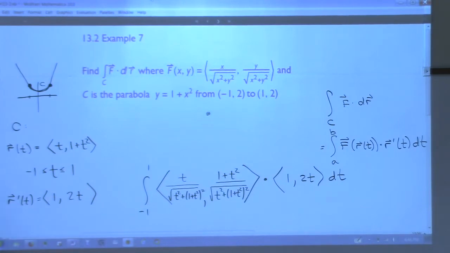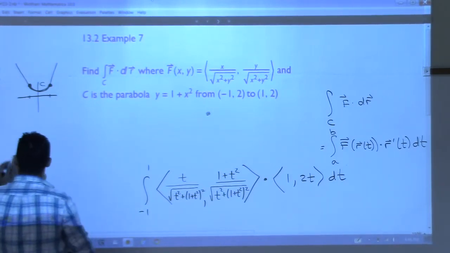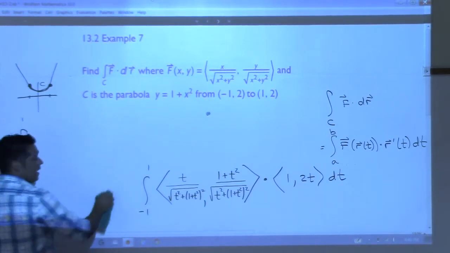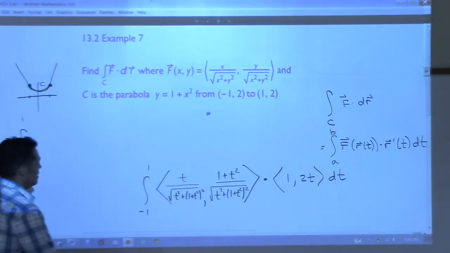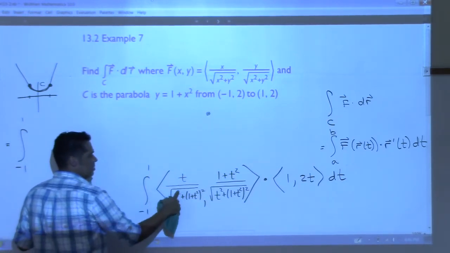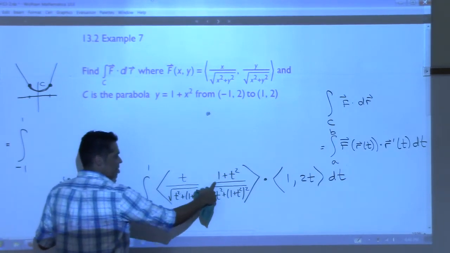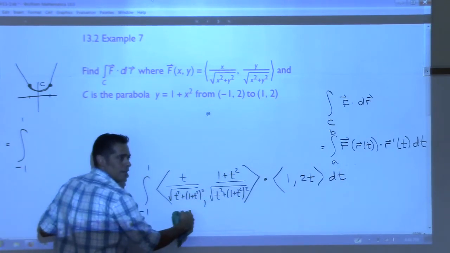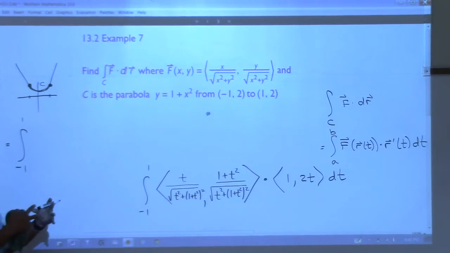Ooh, my battery's about to die. My laptop. All right, so we've got the integral from negative 1 to 1. No more vectors, right? We're about to dot, so everything should be scalar now. It'll be that times 1, plus this times 2t, right? They have the same denominators, don't they? So I'm just going to put them together, because I'm adding them.